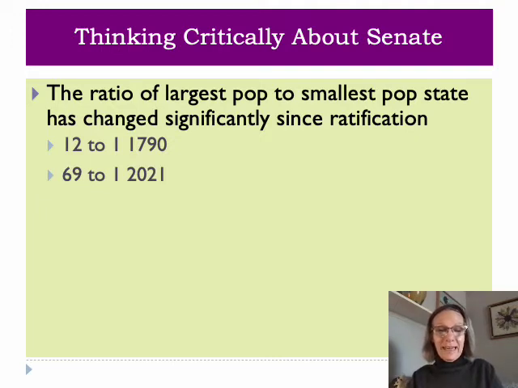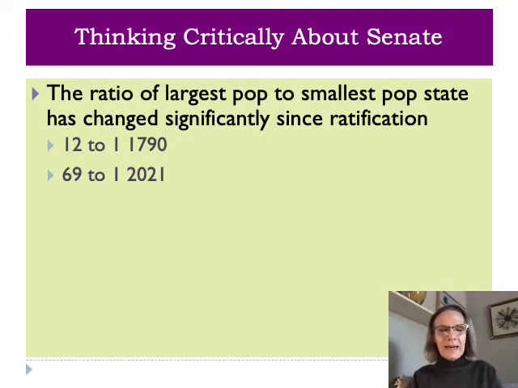That's changed significantly when we compare today's most populous state to today's least populous state. Today's most populous state, won't come as a surprise to you, is the state of California. The least populous state is Wyoming. And so California has a population of nearly 40 million, and Wyoming has a population of 576,000, about the size of Milwaukee, in terms of the population.